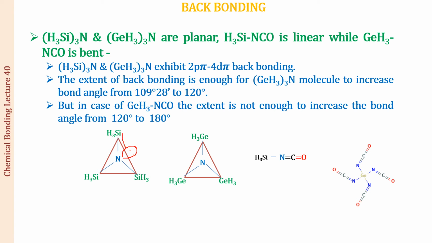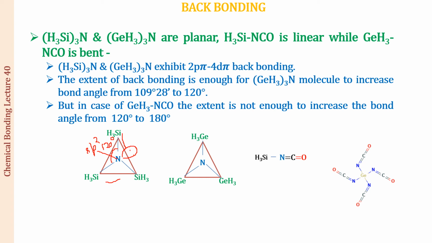Back bonding means that nitrogen is sp2 hybridized. sp2 hybridization means that it is making 3 sigma bonds. The molecule is planar and the angles are now 120 degrees, or nearly 120 degrees. This is the structure for trisilyl amine, with a 2p pi 3d pi back bonding.